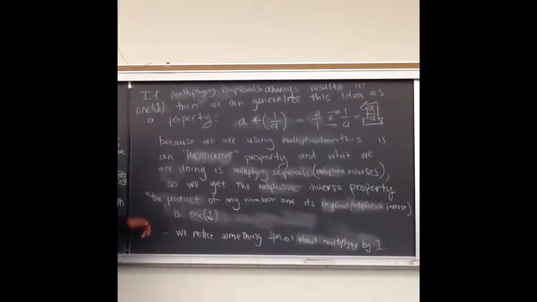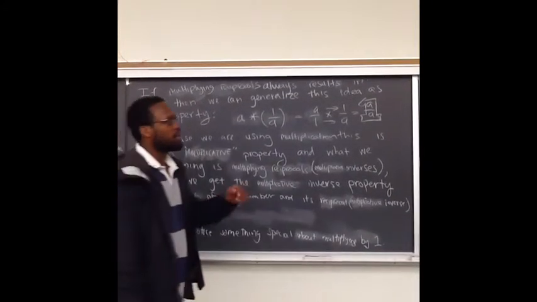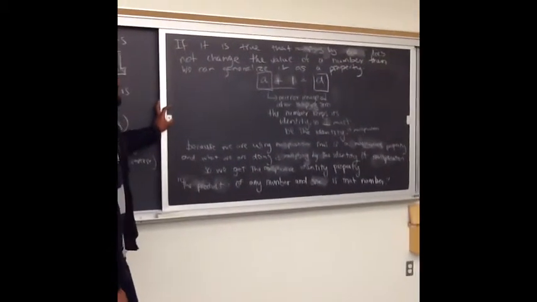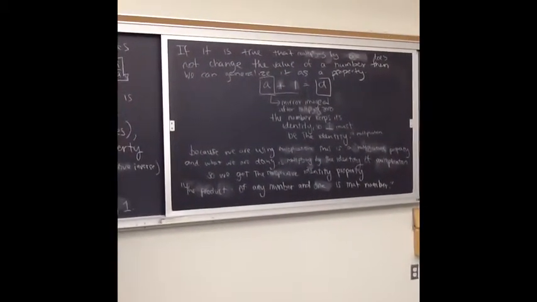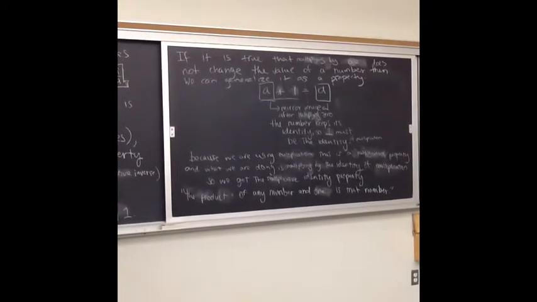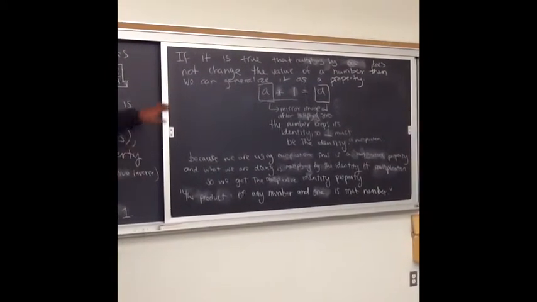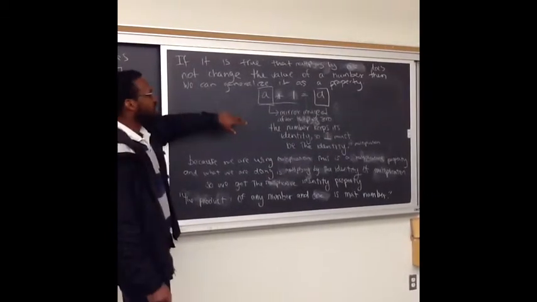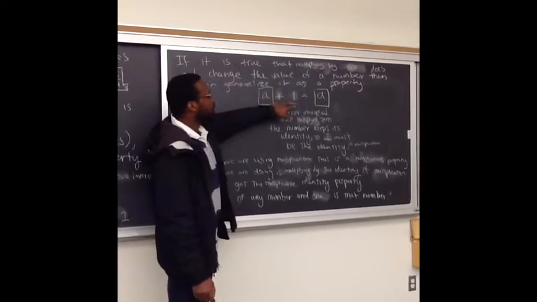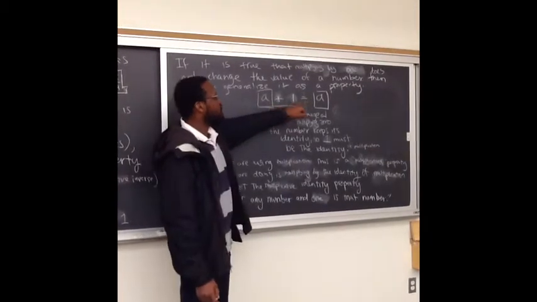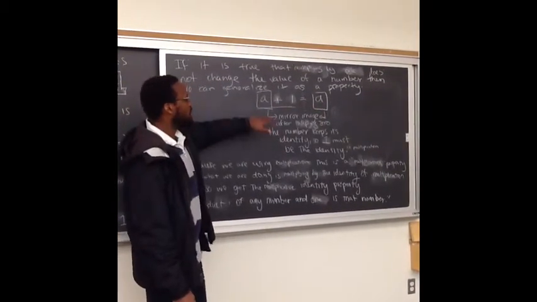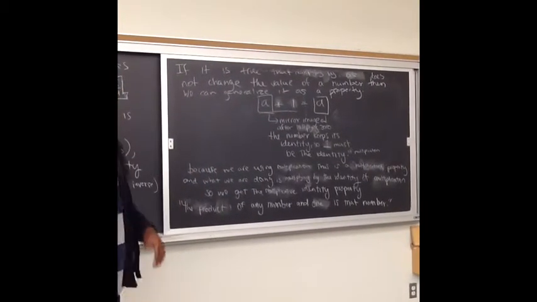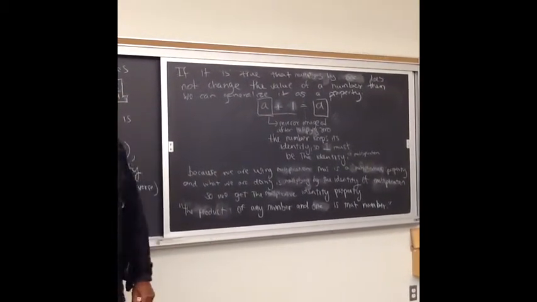Now, we did notice some things about 1, and so we want to investigate that as well. If it is true that multiplying by 1 does not change the value of the number, then we can generalize this as a property as well. Similar to adding 0, when we multiply by 1, a times 1 is going to be a. We get a mirror image after multiplying by 1.